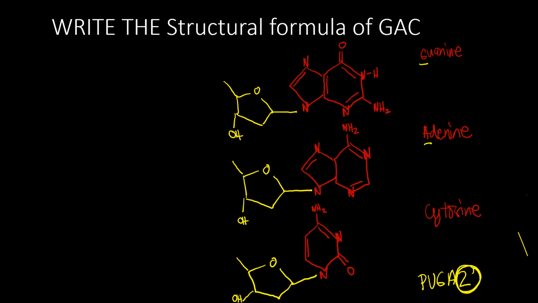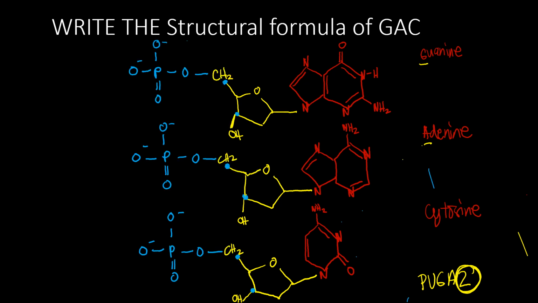The second reaction is a combination of phosphoric acid with a nucleoside to form a nucleotide. This is a condensation reaction again between the phosphoric acid and the alcohol group on carbon number 5. Finally, nucleic acids are formed by joining these nucleotides using the same condensation reaction.